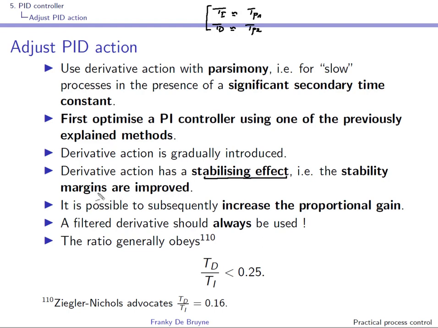The stability margins will be improved, and what you will be able to do most probably is to increase the controller gain a little bit so that you have a faster response. It goes without saying that you have to use a filtered derivative, as we have discussed before, and in general the ratio TD over TI should be less than 0.25.